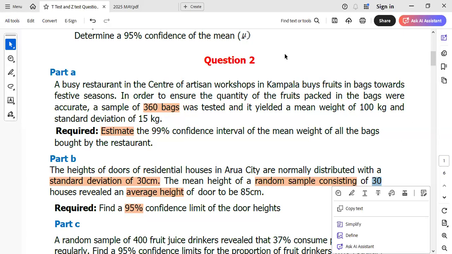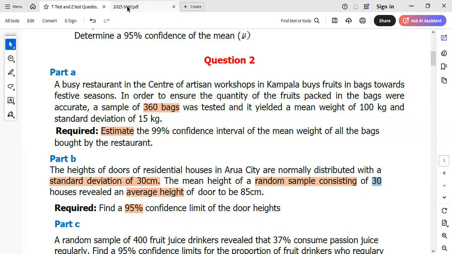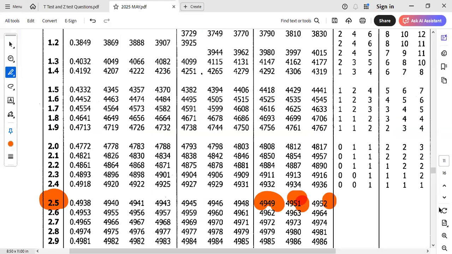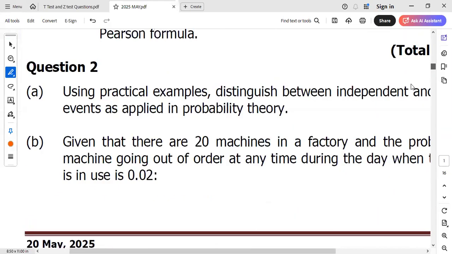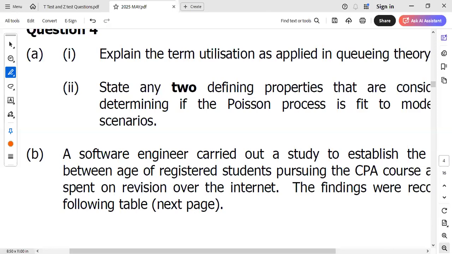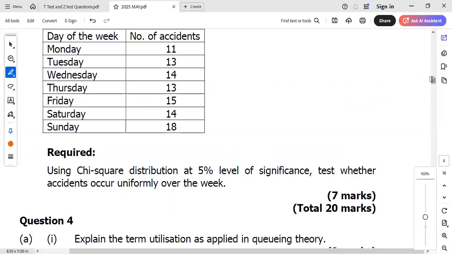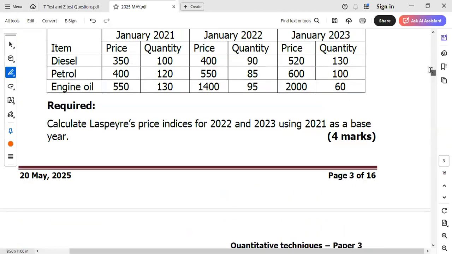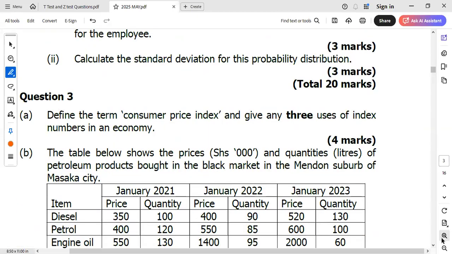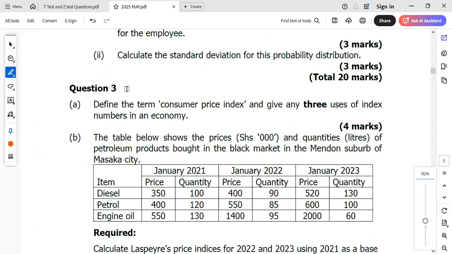Okay. Now, I want you to check the May 2025 paper. Which screen are you seeing? Are you seeing the May paper? Are you seeing question 3?